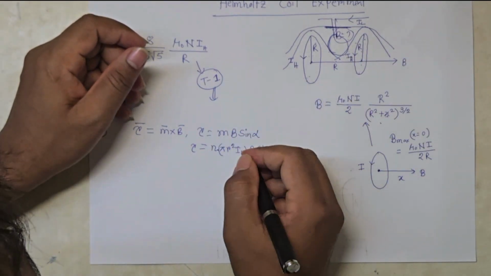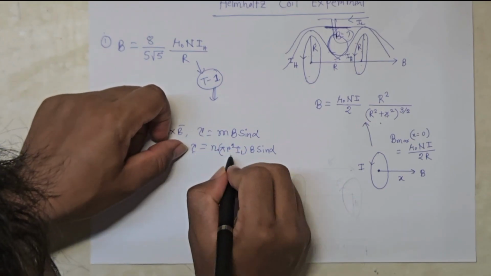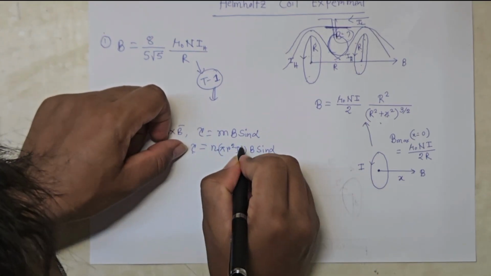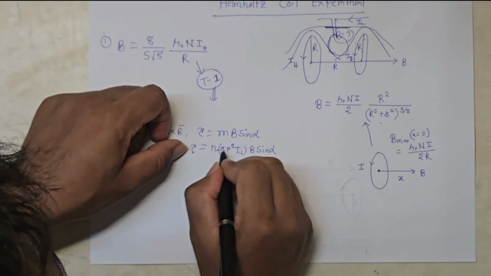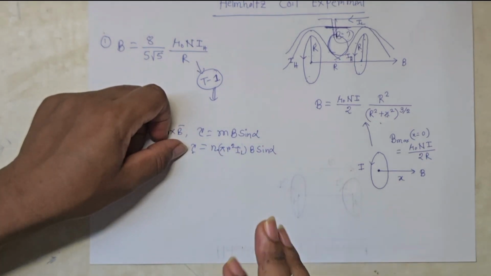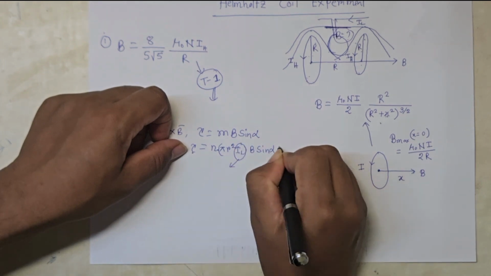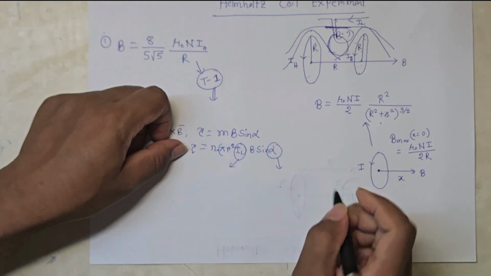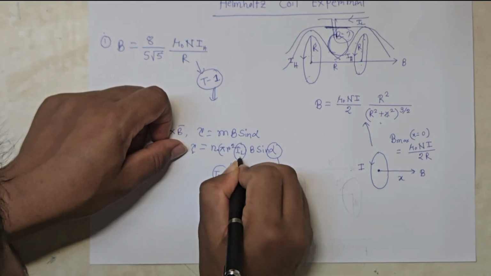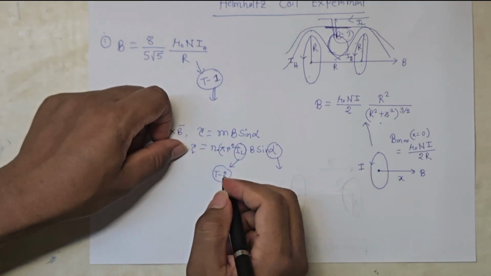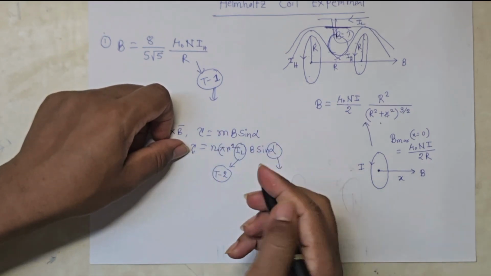Now, how can we vary this torque? There are many parameters, but in this particular experiment we will vary just I_L and alpha. In table 2 we will vary I_L, keeping all other parameters constant, and note down how the torque varies.